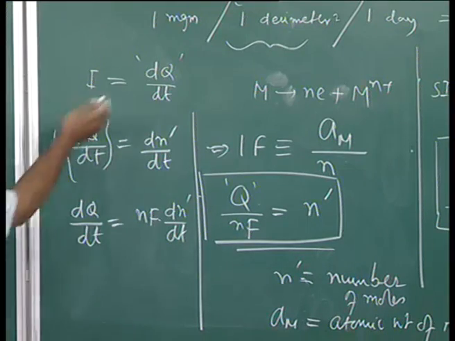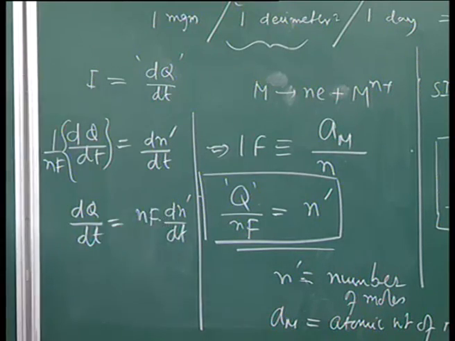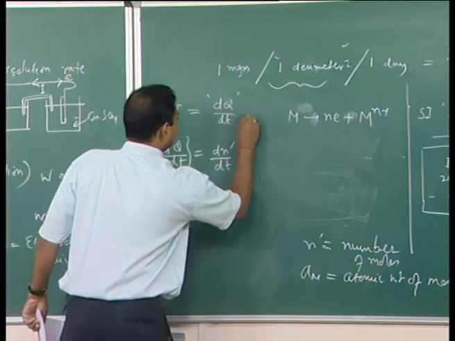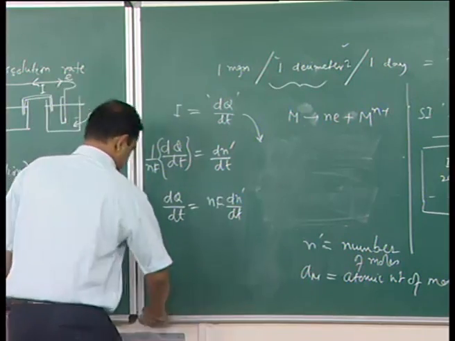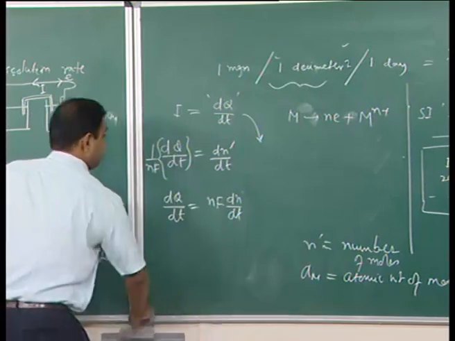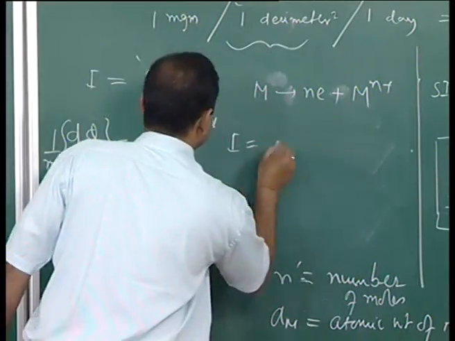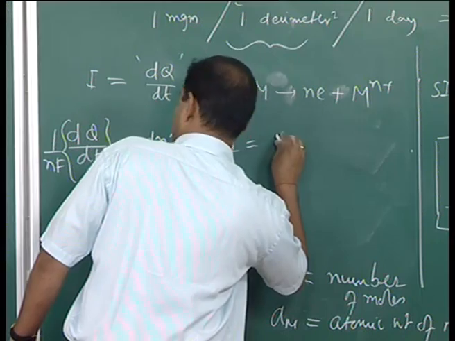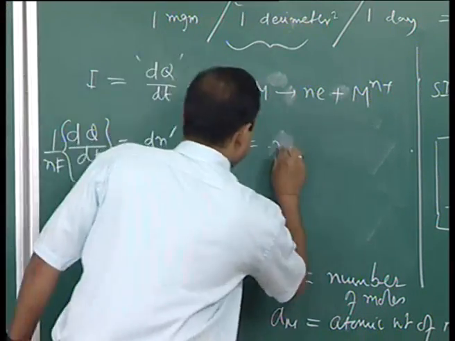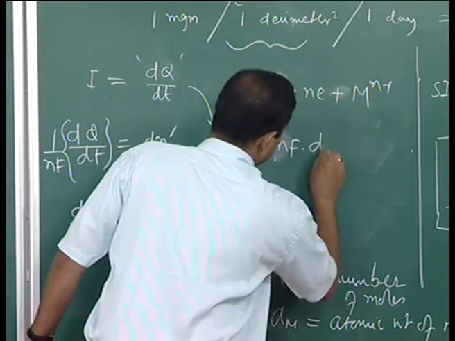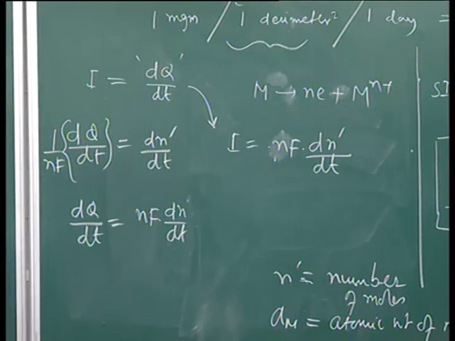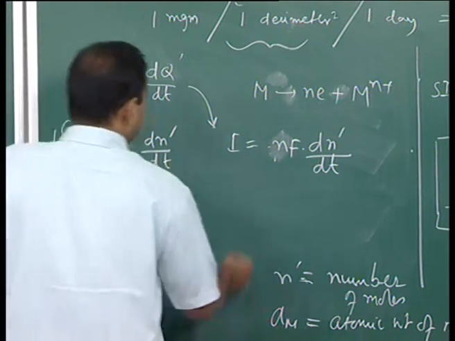Now, let me replace dq by dt with I. So, I would be equal to Nf times dN dash by dt.